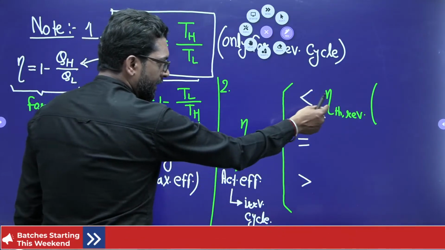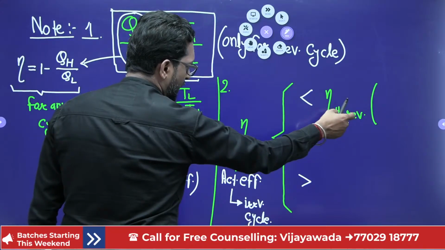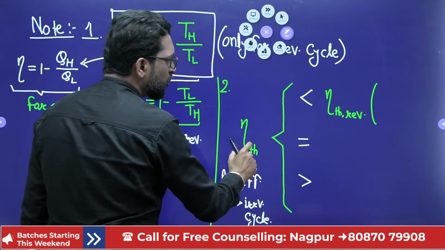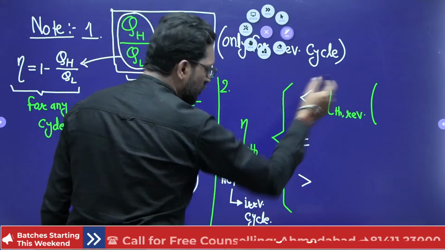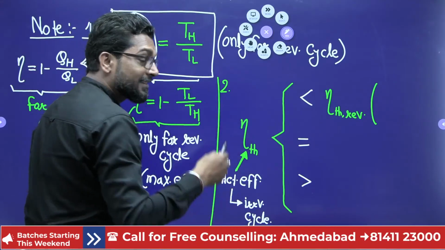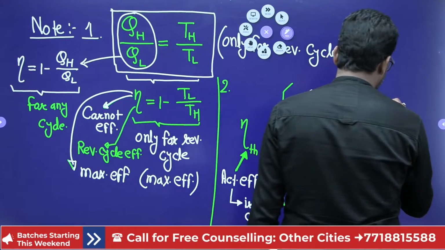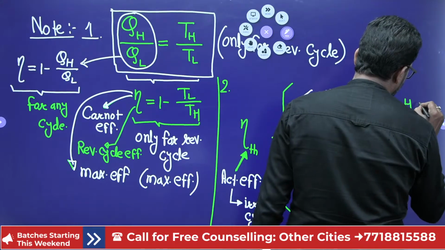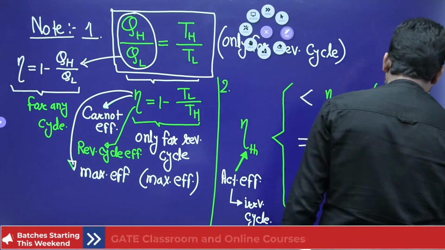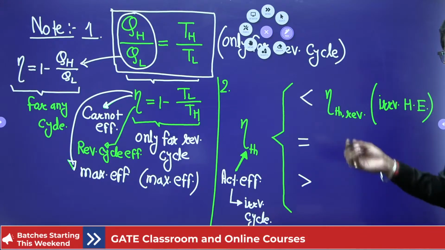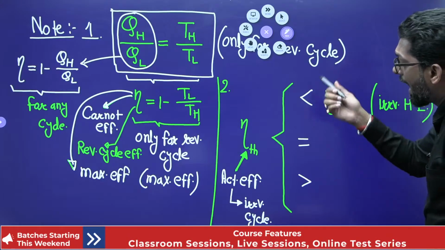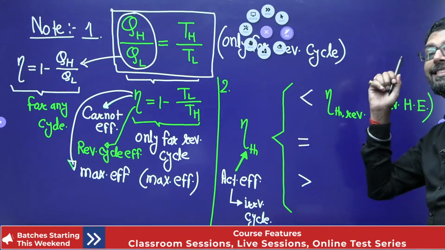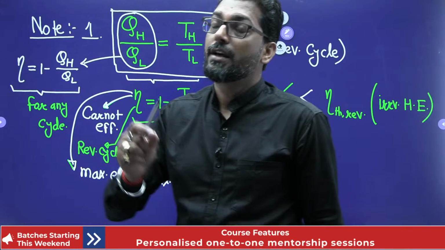Because if the reversible thermal efficiency is greater than the actual efficiency, that is an irreversible heat engine. We already know that in an irreversible heat engine, the thermal efficiency of the cycle is less than the thermal efficiency of a reversible cycle.